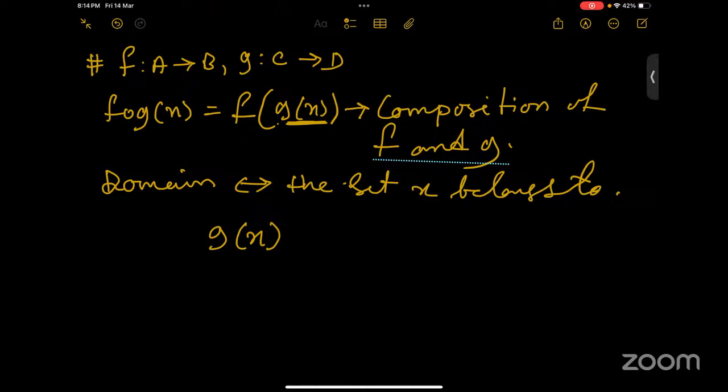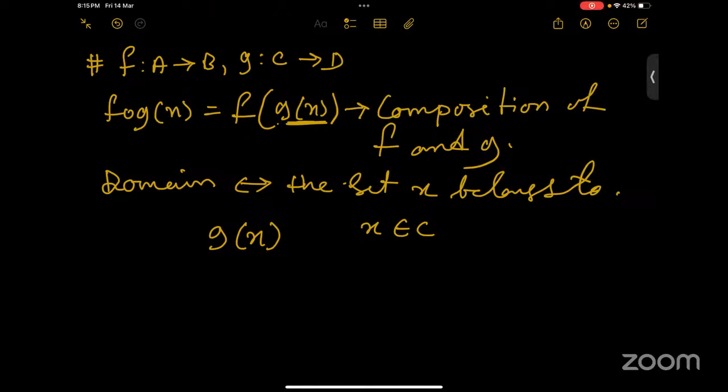That means x should be a member of what? C. Because first we are applying g over x. If this is defined, then x should be a member of the domain of g. That means the first step is x should be in C. It is clear, right?